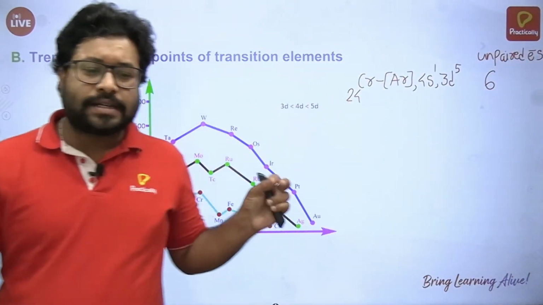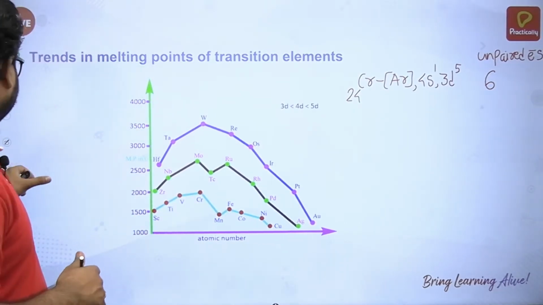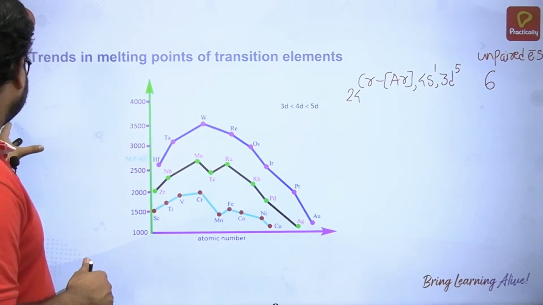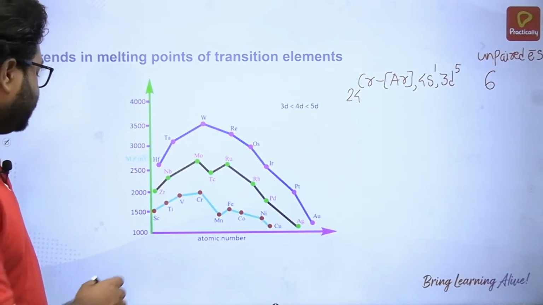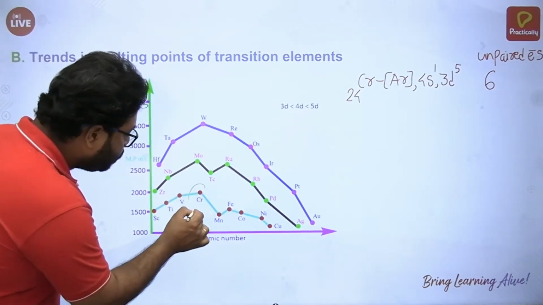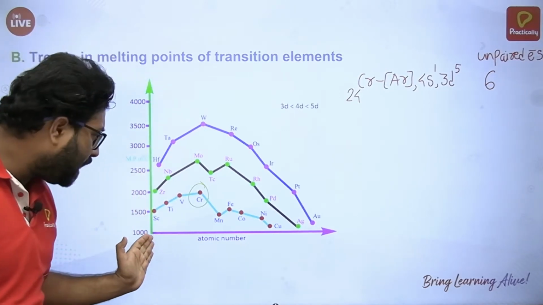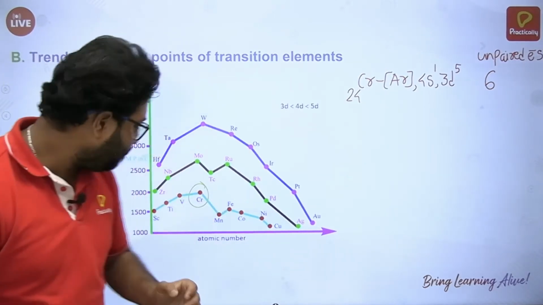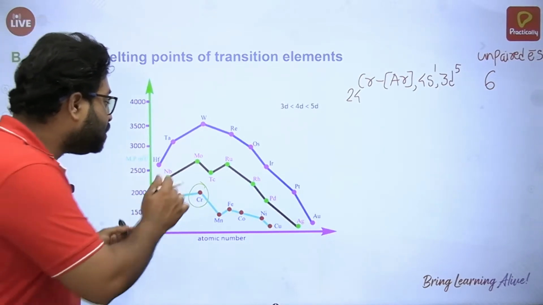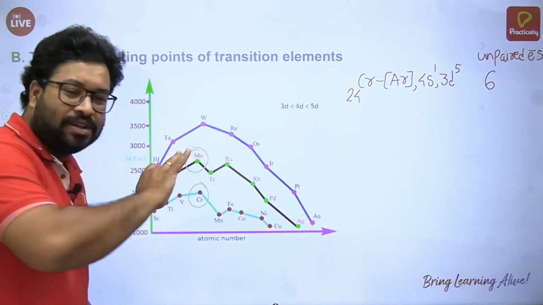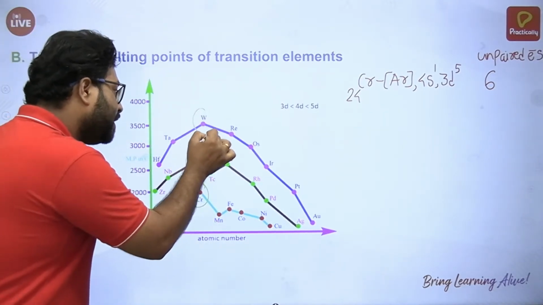Now you need to understand one thing here. Let me change the color. Okay, I'll take this color. The atomic number is increasing from scandium to copper or zinc. Chromium is right at the top, then you have molybdenum at the top, and then tungsten.